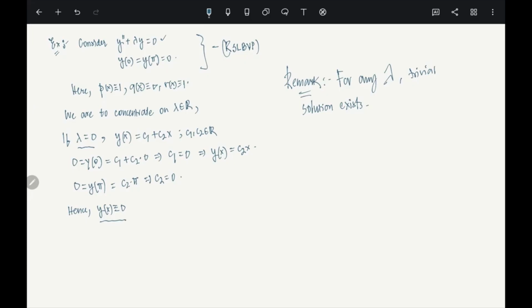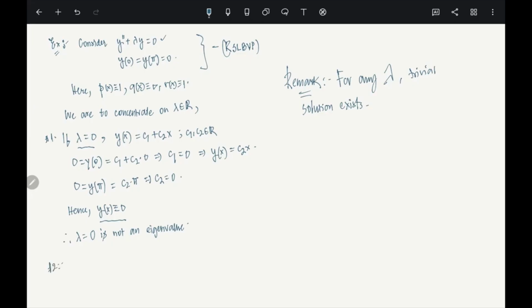Since this is the case, lambda equals 0 is not an eigenvalue. Okay, so this is case 1.